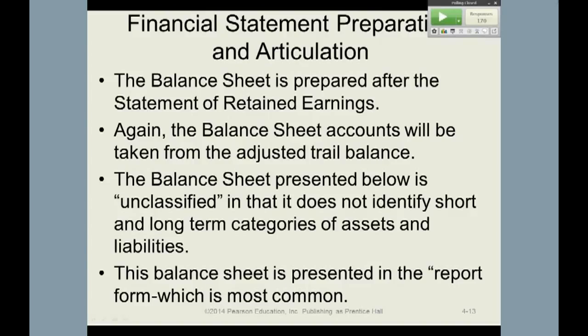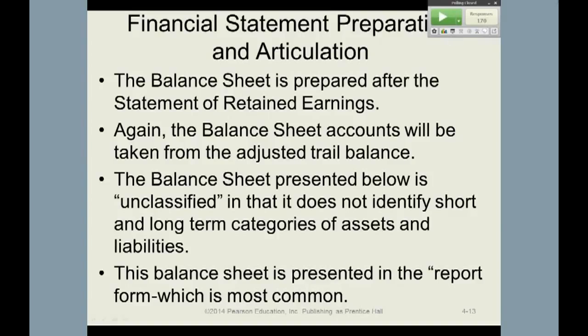So it almost looks like a T account. So if you were asked to prepare a balance sheet in the report form, assets come first, followed by liabilities and stockholders' equity. If you were asked to prepare it in the account form, you would have to put the assets on the left, liabilities and stockholders' equity on the right side. So it's just a matter of reporting format.